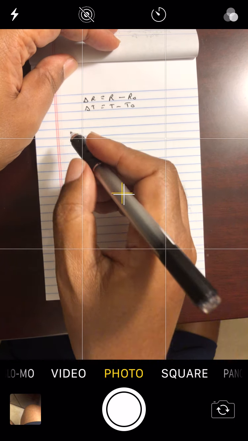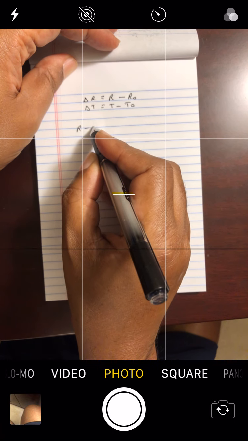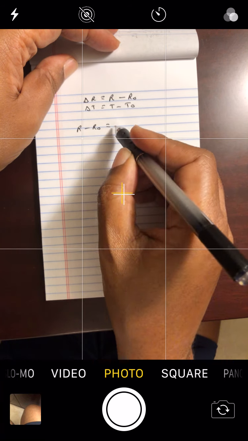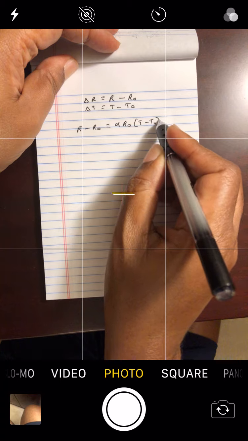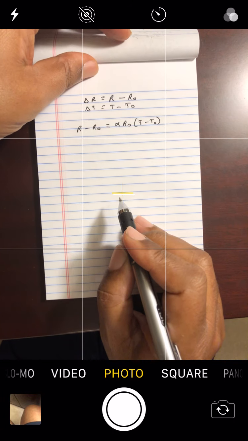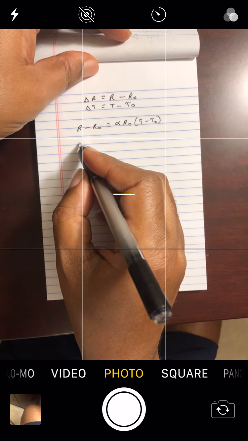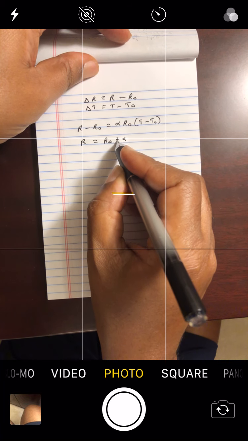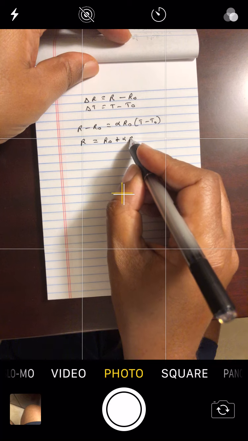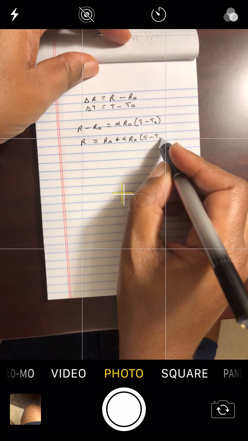So with that we have delta R equals R minus R naught, equals alpha R naught times T minus the initial temperature. If you take the initial resistance to the other side, we have R equals R naught plus alpha R naught times the change in temperature.